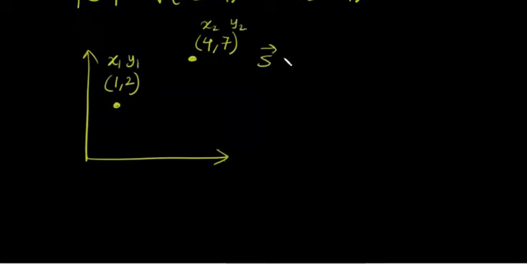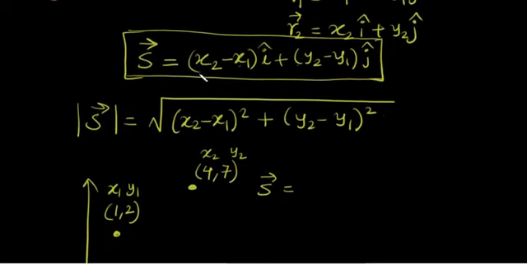The displacement vector s bar is x2 minus x1 i cap plus y2 minus y1 j cap.